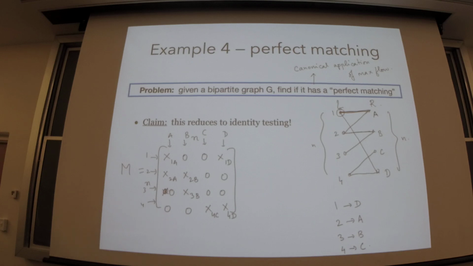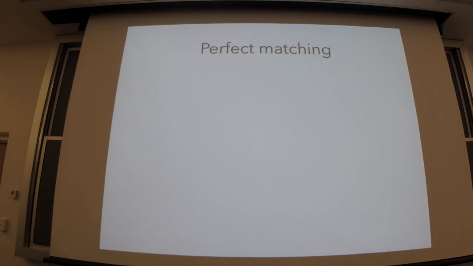Alright, so now what do I want to say? The main theorem, the claim, is that if G has no perfect matching, then the determinant of M, which I will denote by det M, is identically 0.